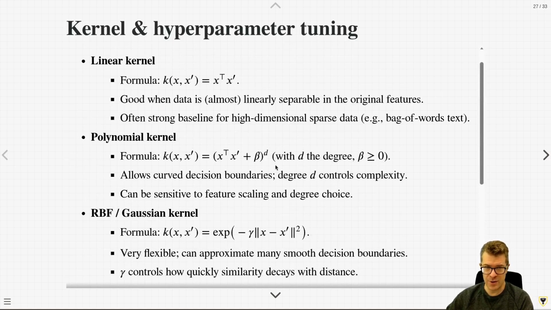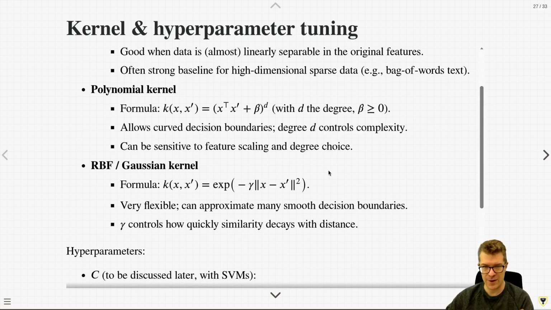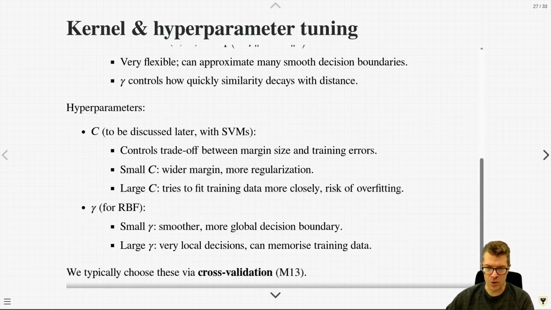Similarly, a high degree D in polynomial will also risk overfitting. That's an easy thing to remember: high values of these particular hyperparameters, high chance of overfitting. And you can choose these through cross-validation like we saw in module 13.